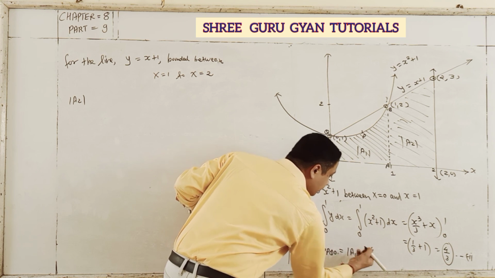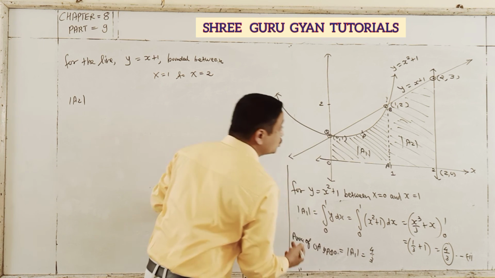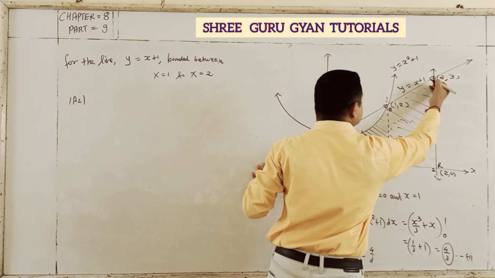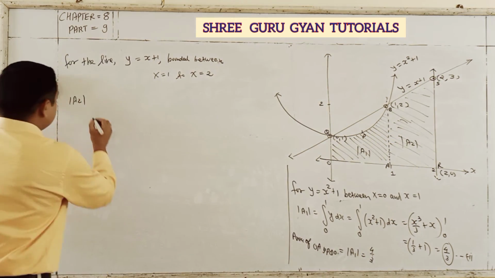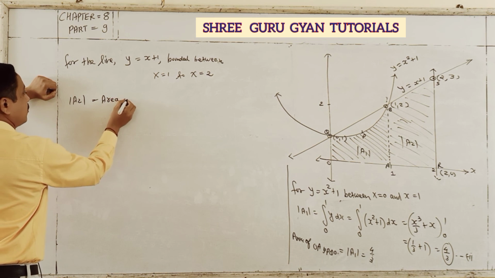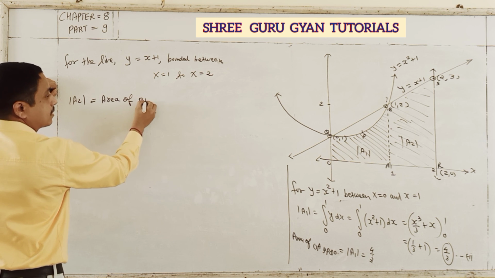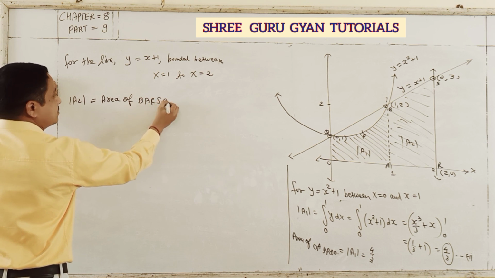It is 4 by 3. And here I will name this part, also write down R and S. So A2 is called the area of BARSB.